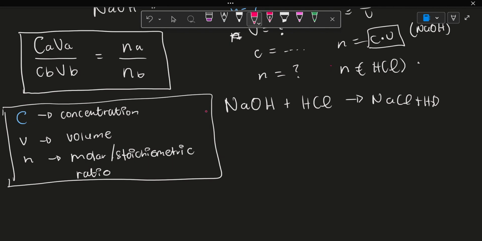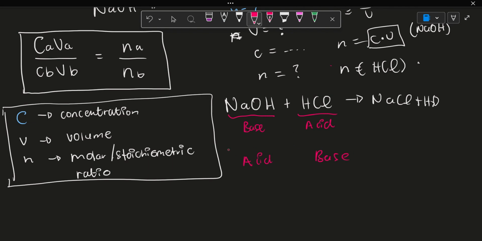I can choose sodium hydroxide to be my base, and then HCl be my acid. Similarly, I can say my sodium hydroxide will then be my acid and my hydrochloric acid be my base.